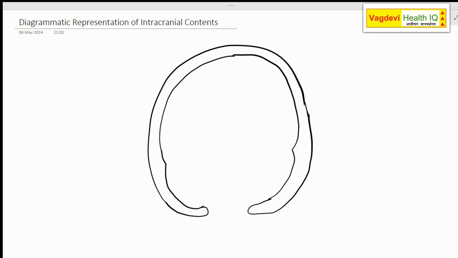Okay, so this is the skull I'm showing you. This part I have kept open because I wanted you to know that this is where it descends down into the spinal cord. I'll change my color.